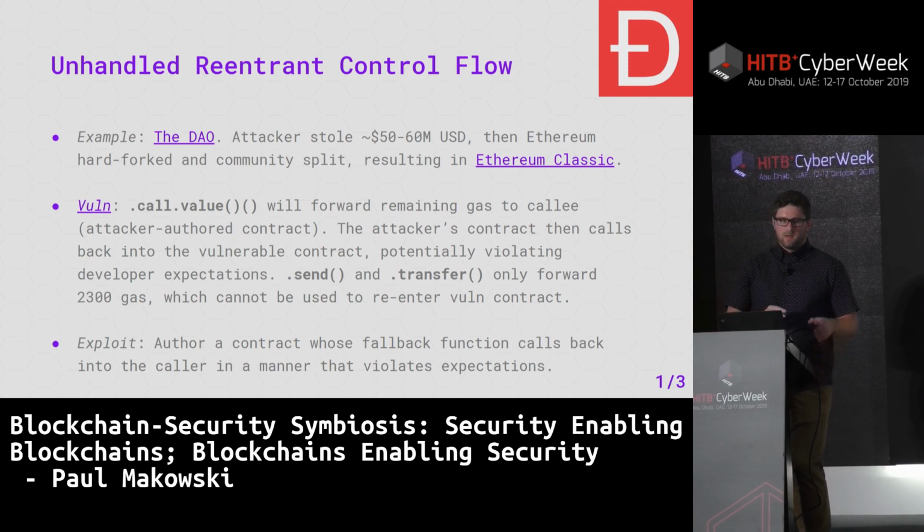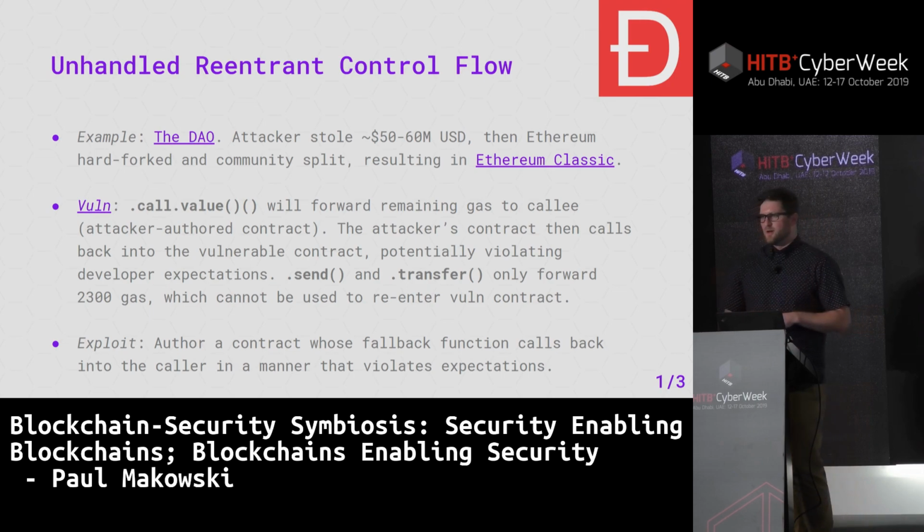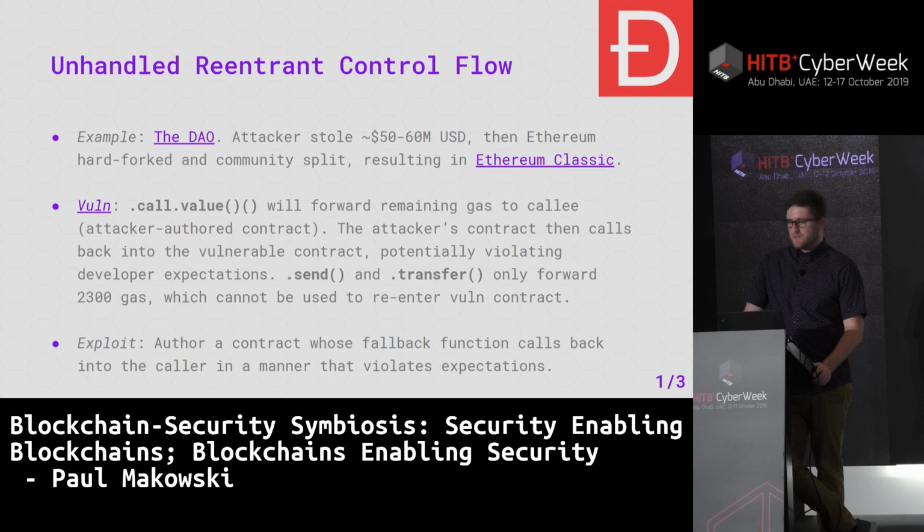So if they called from the DAO into an attacker's smart contract, the attacker's smart contract would now be executing as if it was just a normal function call from a normal program. So say your web browser calls some random untrusted code at some point. That's effectively what's happening here.